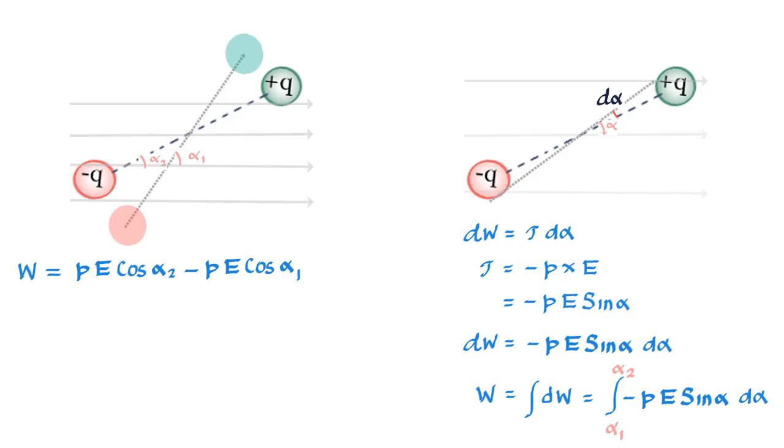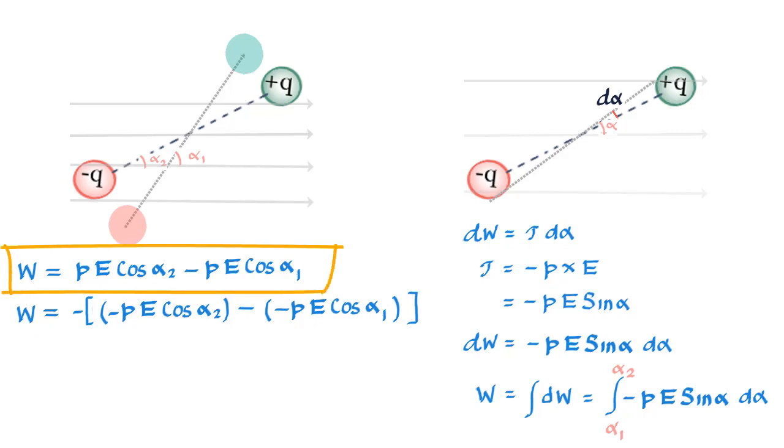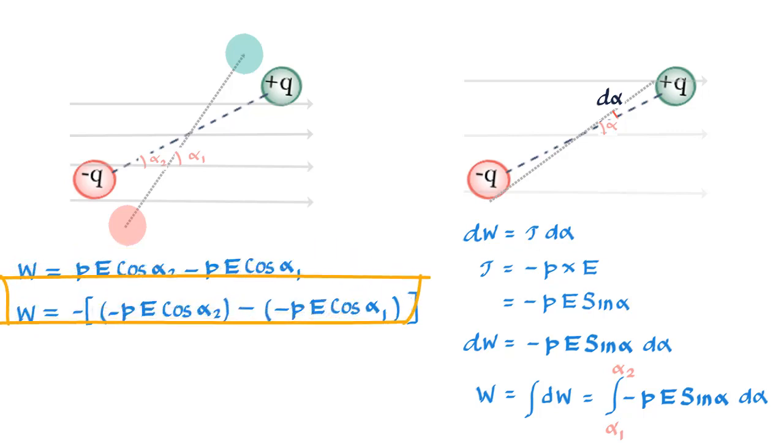Now let us go ahead and write this expression as W is equal to minus, and within brackets, minus PE cos alpha 2 minus PE cos alpha 1. And we will soon see why we are writing this expression in this strange way.